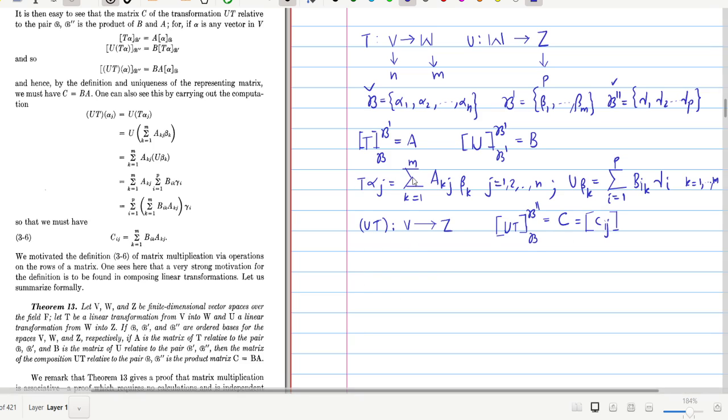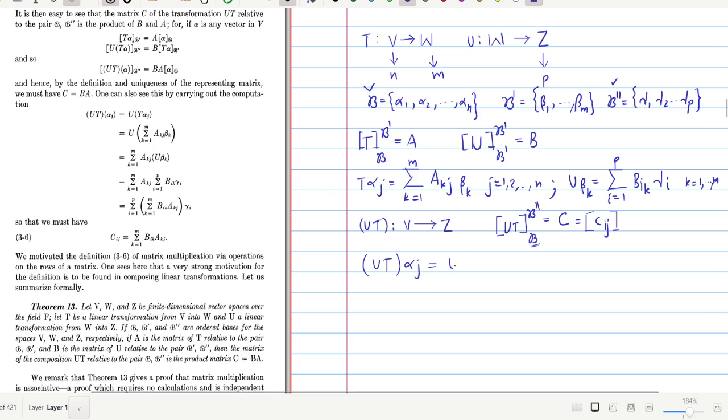Here a k j is the jth column of the matrix A. In order to get the jth column of the matrix C, we start with UT of alpha j, because B consists of the vectors alpha 1, alpha 2, etc., alpha n. So the jth column is obtained by evaluating UT of alpha j. What is UT of alpha j?